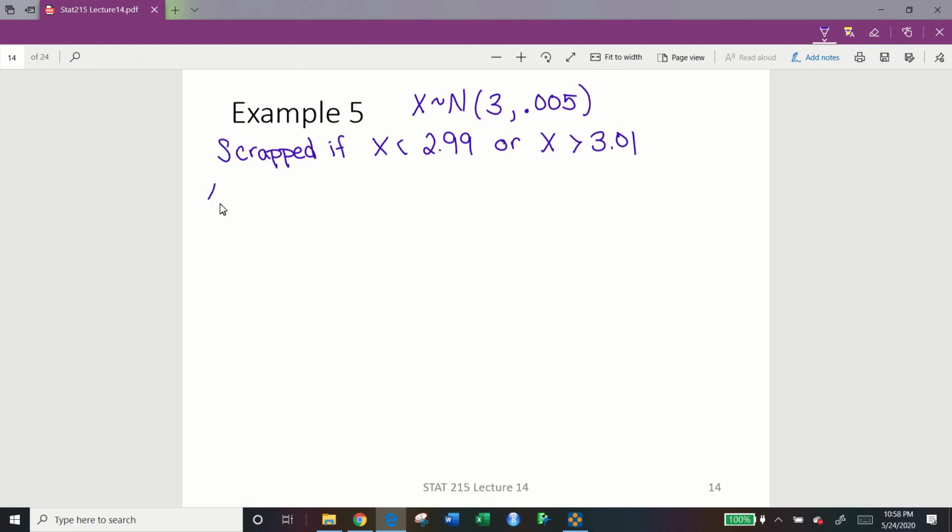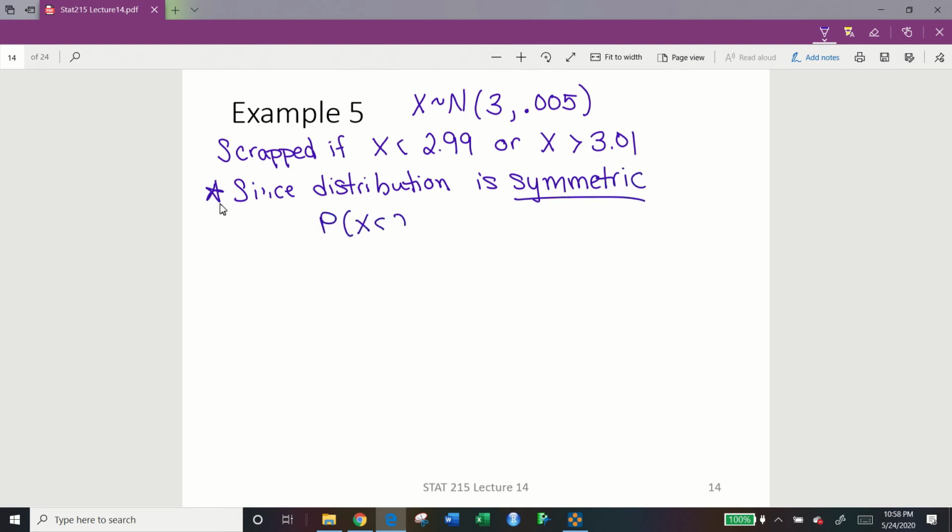Now, this is the important bit. Since our distribution is symmetric, that's going to mean that the probability of x less than 2.99 is going to be equivalent to the probability of x being greater than 3.01.